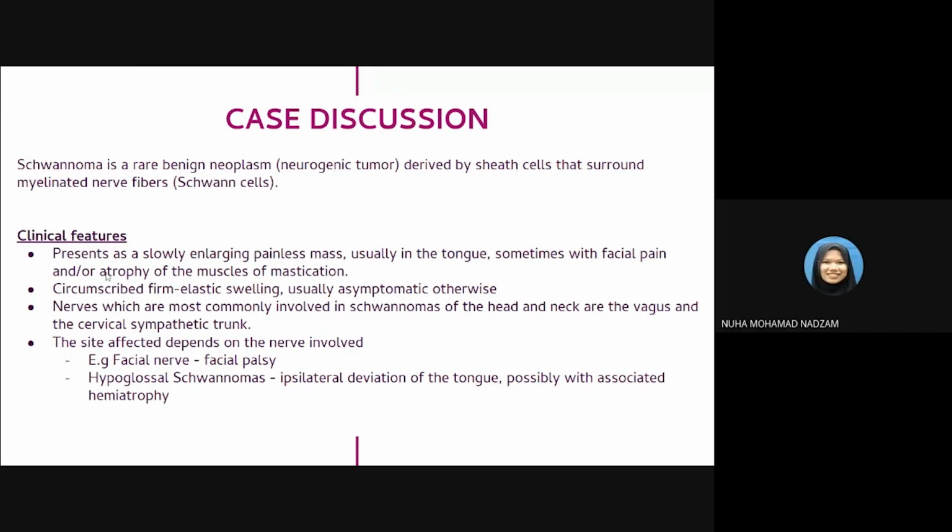Nerves most commonly involved in schwannoma of the head and neck are the vagus and the cervical sympathetic trunk. The site affected depends on the nerve involved, for example the facial nerve causing facial palsy, or hypoglossal schwannoma causing ipsilateral deviation of the tongue, possibly with associated hemiatrophy.